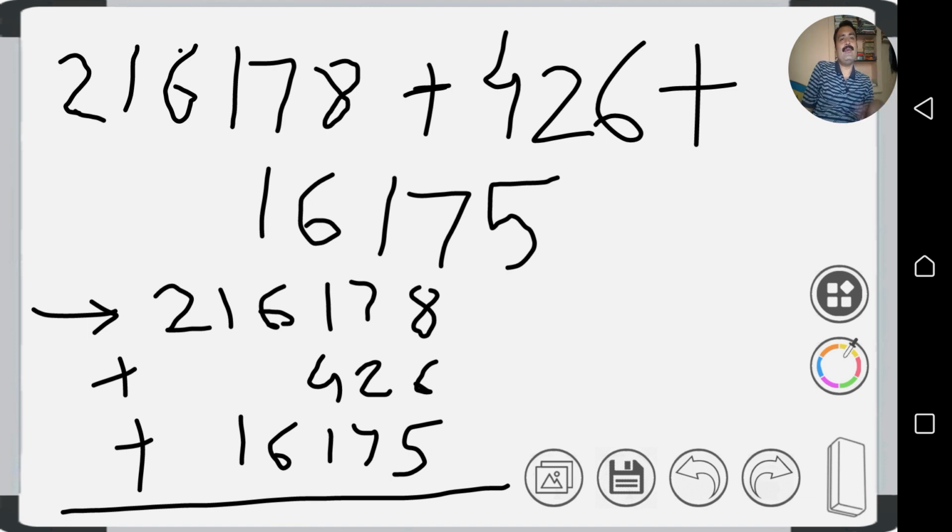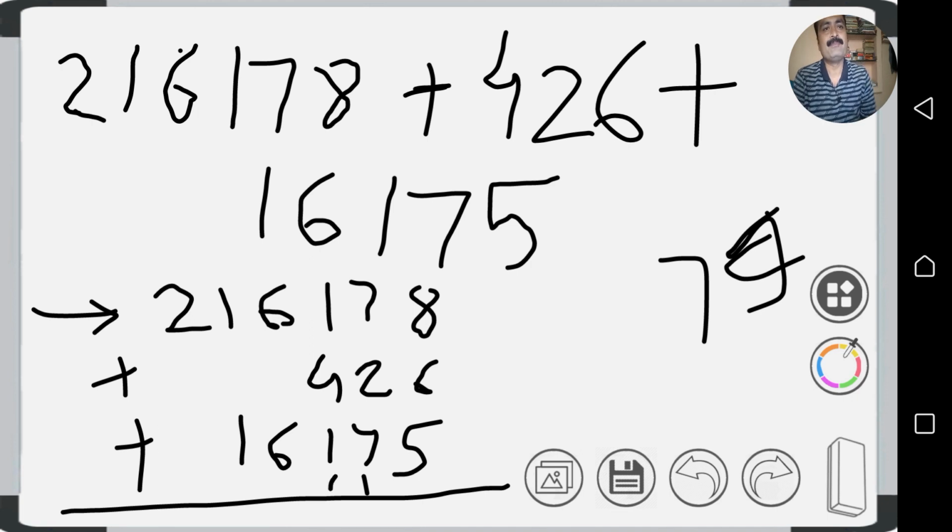Now to get the answer of this addition, I am explaining it orally. When we add 8 plus 6 plus 5, 8 plus 6 is 14, 14 plus 5 is 19. So we take 9 as the result, and 1 is carried into the next addition. 7 plus 2 is 9, 9 plus 7 is 16, plus 1 is 17. So we write 7 in the answer, and 1 carry into the next addition. So 1 plus 4 is 5, plus 1 is 6, plus 1 is 7.